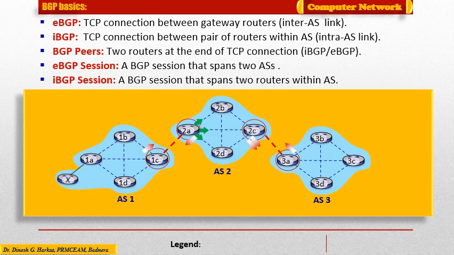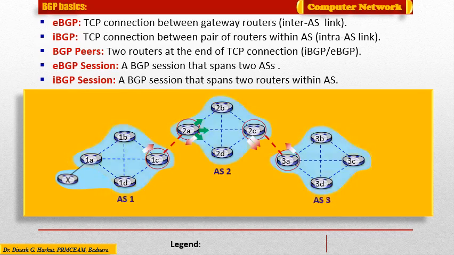The semi-permanent TCP connections for the network are shown here in the figure. Here there are three autonomous systems: AS1, AS2 and AS3.